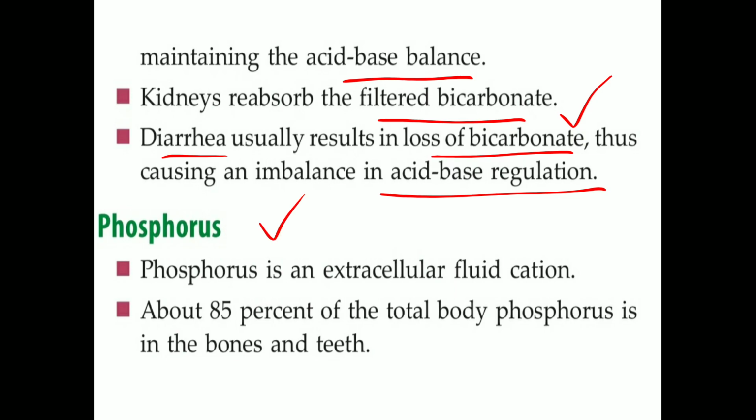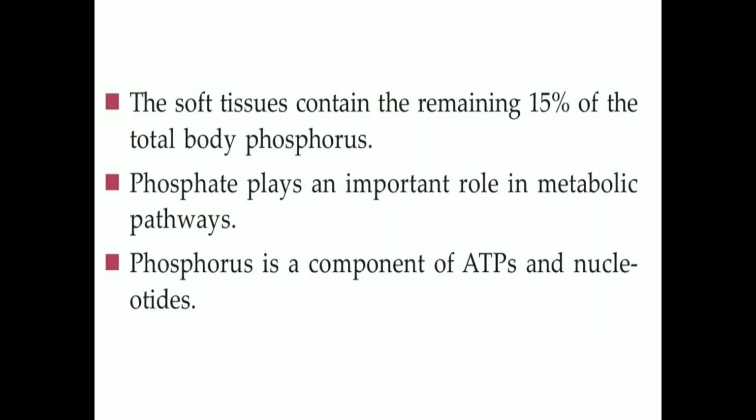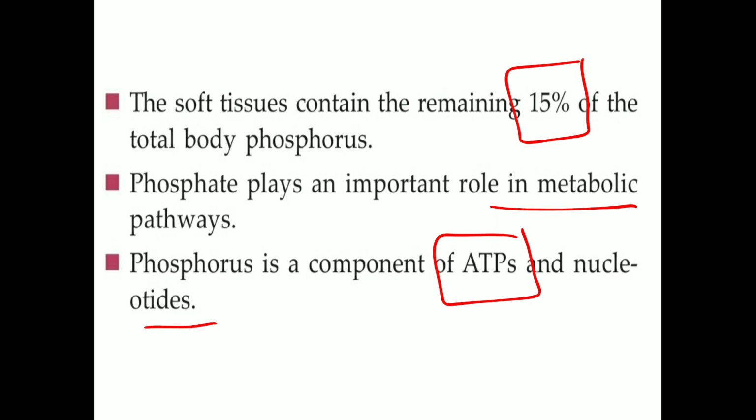Then next is phosphorus. Phosphorus is an extracellular fluid cation, and about 85% of the total body phosphorus is in the bones and teeth. Soft tissues contain 15% of the body phosphorus. It plays an important role in metabolic pathways, and is also an important component of ATP and nucleotides.